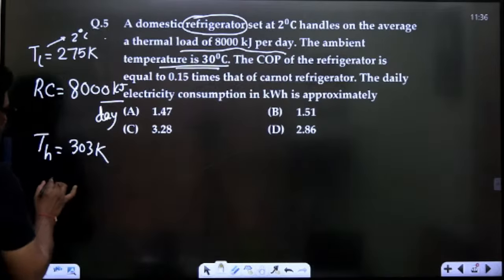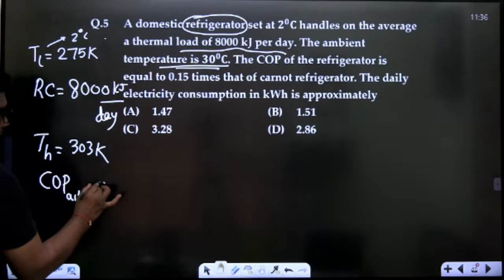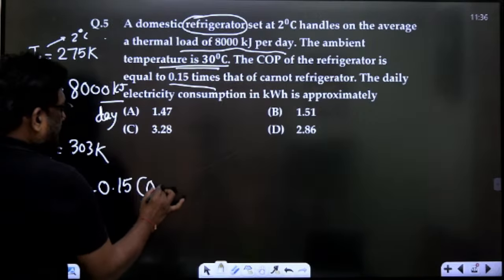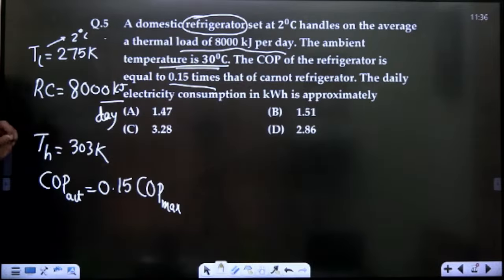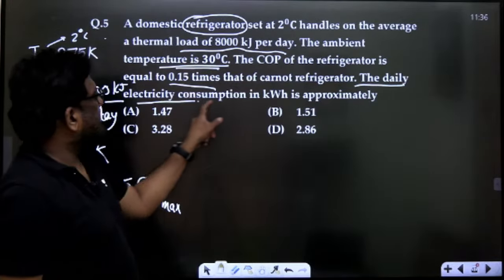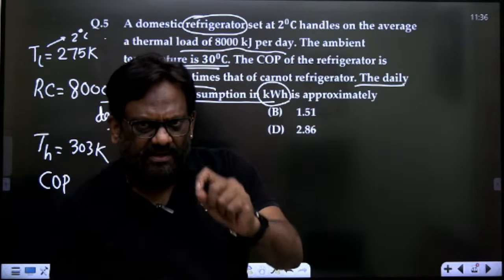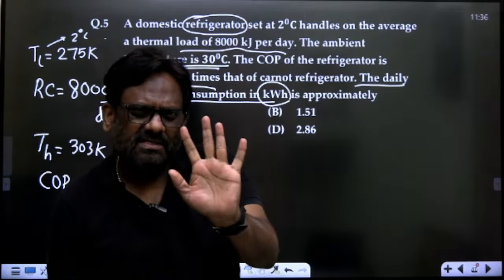The actual COP of the refrigerator is 0.15 times the Carnot COP. Can I write the Carnot COP as maximum COP? Yes. Find the daily electricity consumption in kilowatt hour. It's a must question, sir. It's a good question. Just listen to me.